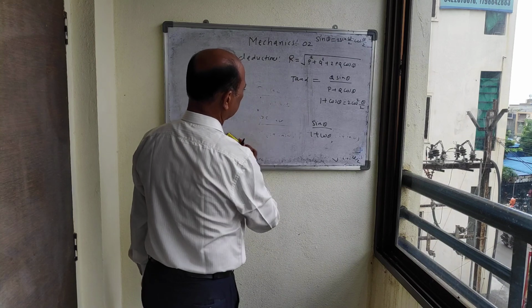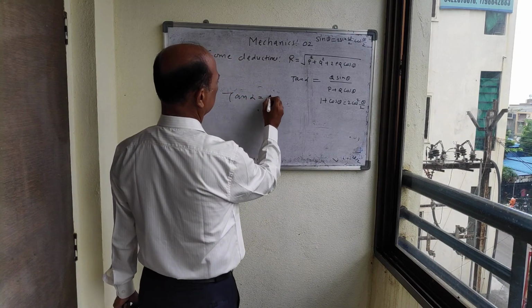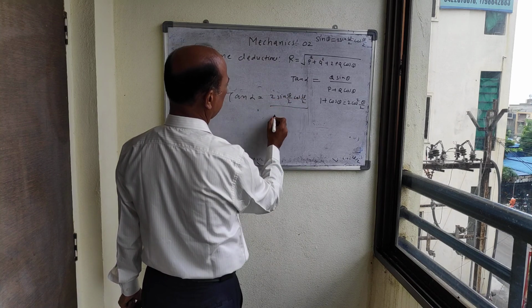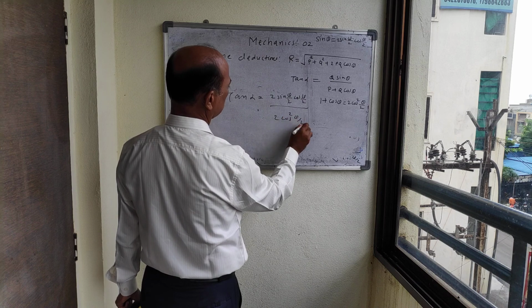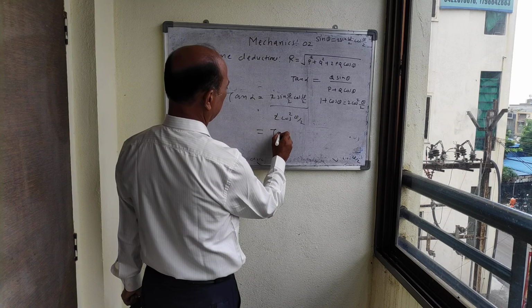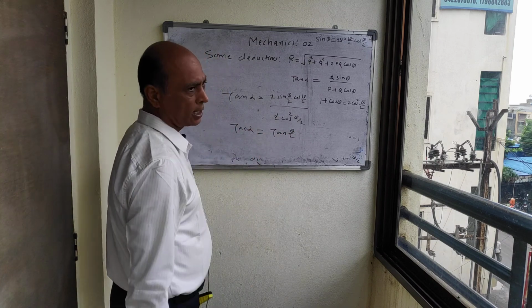So tan alpha is equal to 2 sin theta by 2 cos theta by 2 upon 2 cos square theta by 2. The 2s cancel. So that is equal to tan of theta by 2. That is, tan alpha is equal to tan theta by 2.